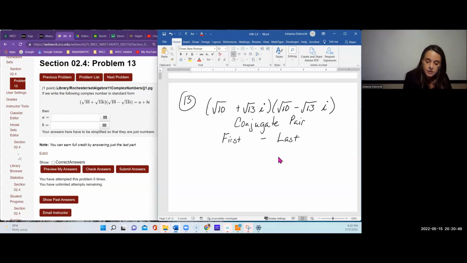First, we get the first, which is, of course, square root of 10 times square root of 10. Then the outer, which is the first one from the first set of parentheses and the second one from the second set.